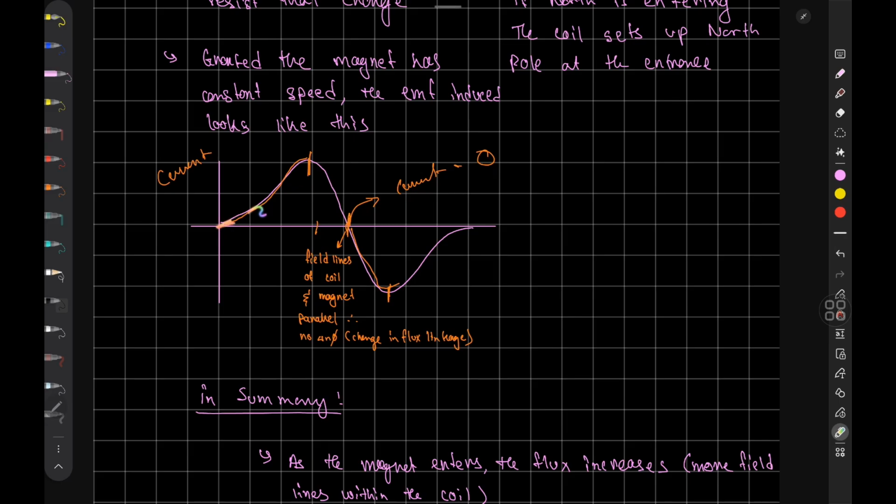So when coming in, change in flux linkage very little, so current induced very little. When it is somewhat inside or somewhat near, more flux linkage change, and somewhere over here it is max current, because rate of change of cutting the fields or rate of change of flux linkage is maximum somewhere over here.